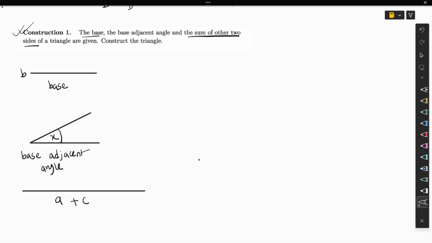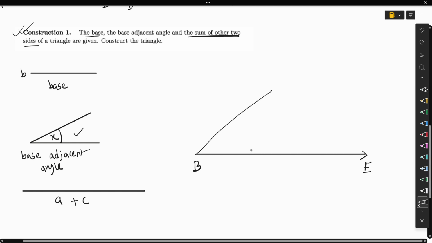Now how to draw it? First we take a ray, any ray BE. Now you can first draw a triangle here, copying this x, or you can first cut this base from here.